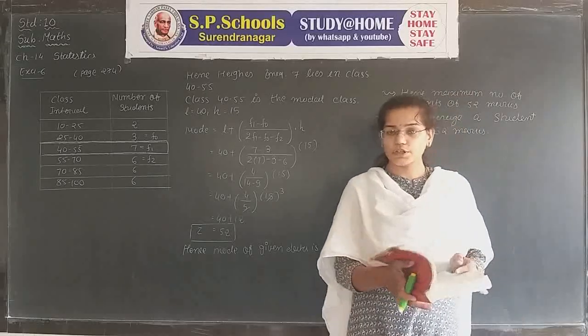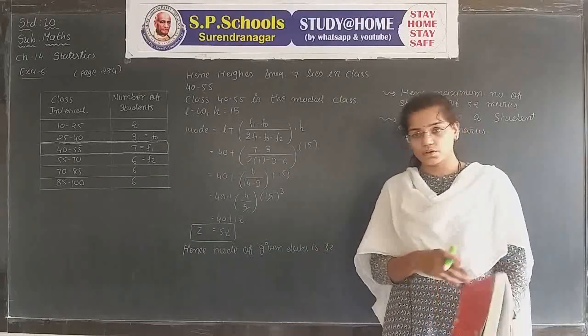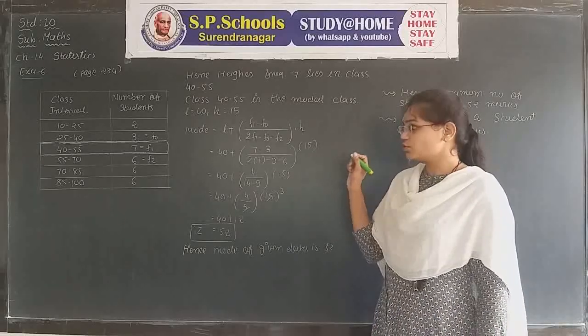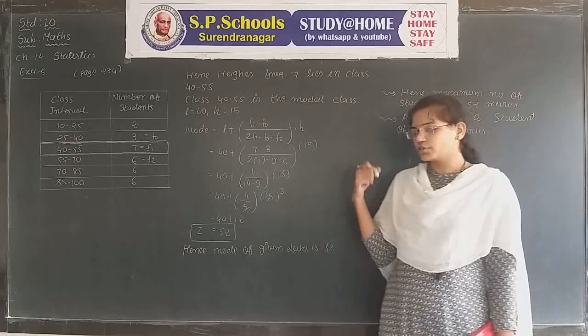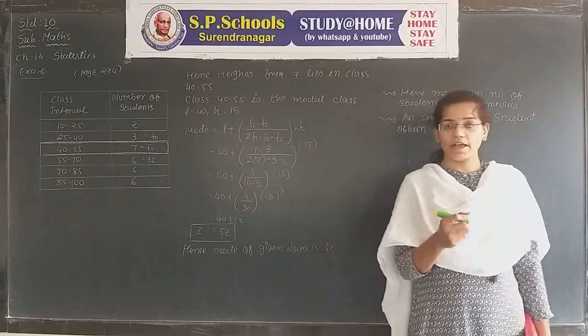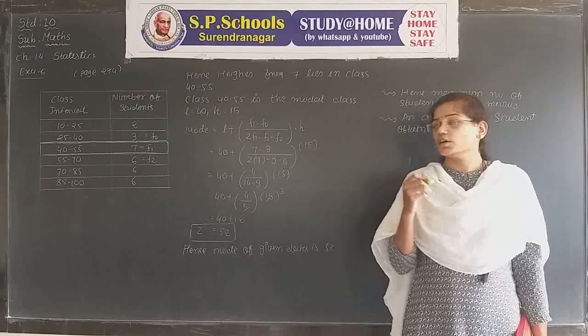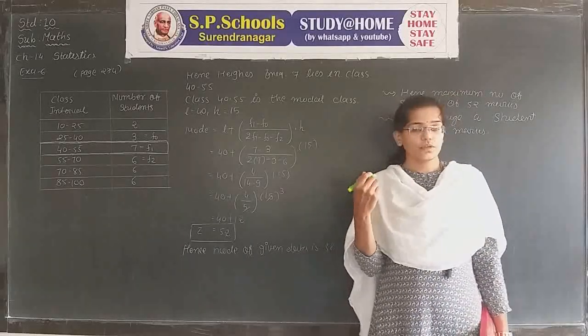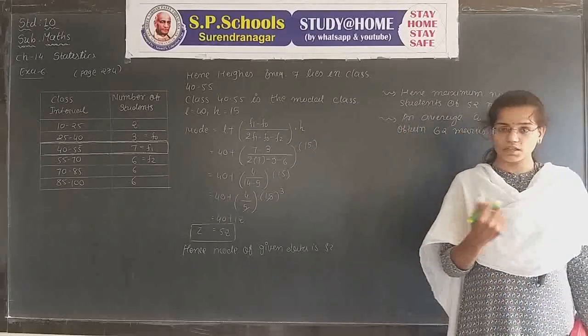Exercise 14.2 has two types of sums, mean and mode combined. Try practicing to find the mean and mode of grouped data. Also, if you have any query regarding any sum, tick mark it. Whenever there is a possibility to meet, we can solve it easily. We start a new topic in the new session.